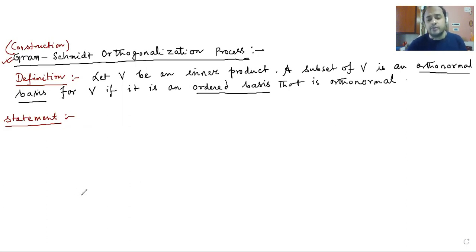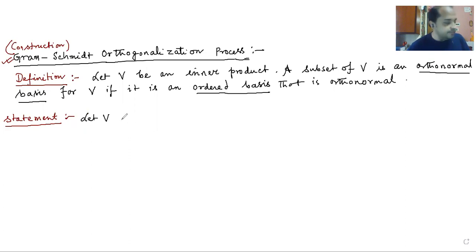Also I have come to know from one of the faculty of the CSE department that in deep learning and neural networks, the Gram-Schmidt orthogonalization process plays a very vital role. So what you are learning now, please do not forget. You have a habit of forgetting things, so please do not forget.